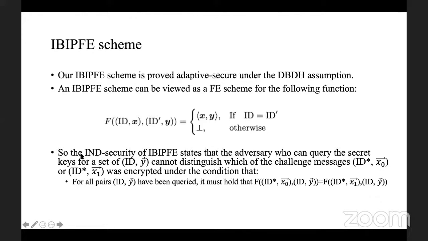The IND security of the IBIPFE states that the adversary, who can query the secret keys for a set of ID and vector Y, can't distinguish which of the challenge messages was encrypted, under the condition that for all pairs ID and vector Y that have been queried, it must hold that F(ID*, X0) = F(ID*, X1), and the ID, Y.